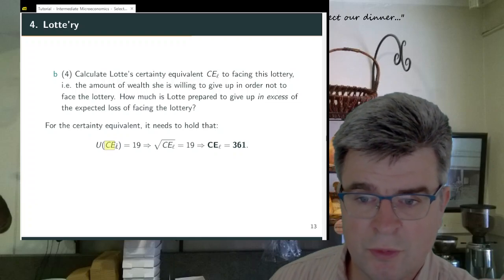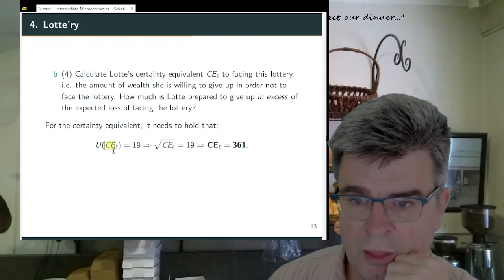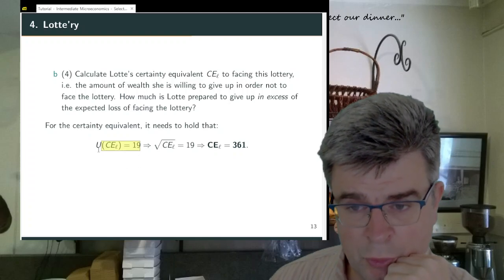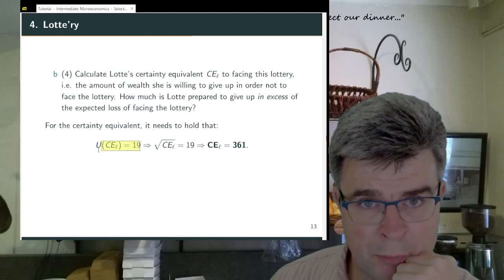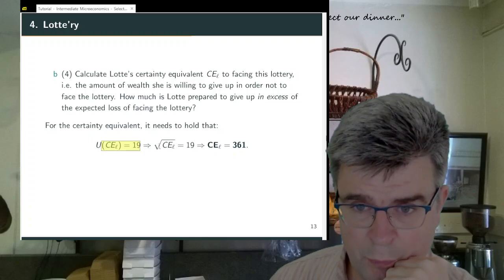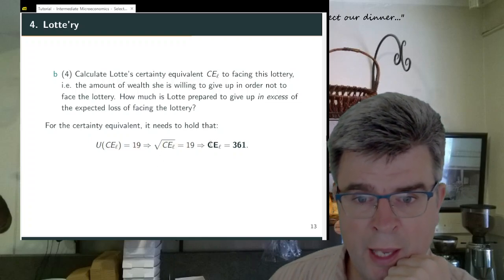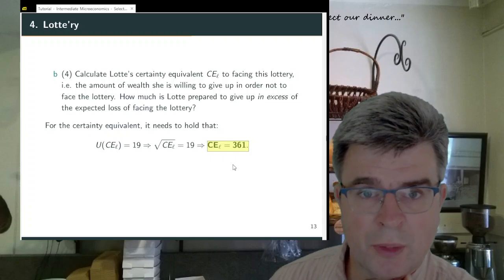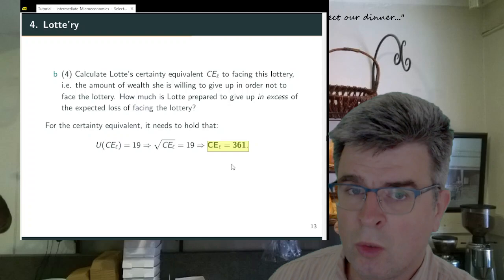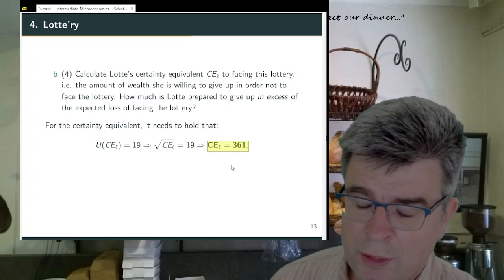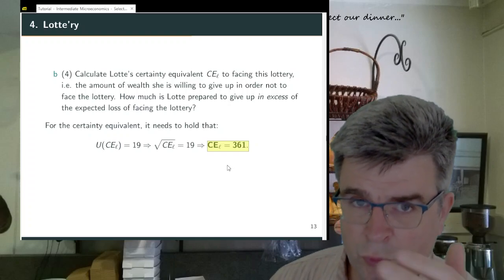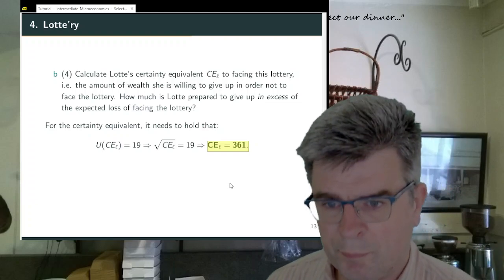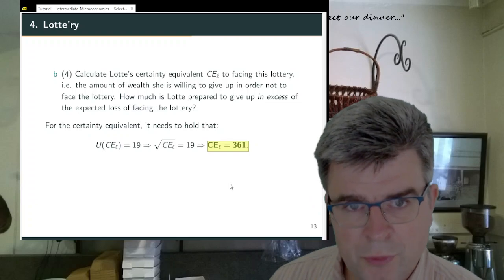This is the expression that we want to solve using the square root utility function. We get this expression over here, and the certainty equivalent is equal to 361. So in this case, Lotte is indifferent between facing the lottery and having for sure a final wealth of 361. So that's the first question in question B.